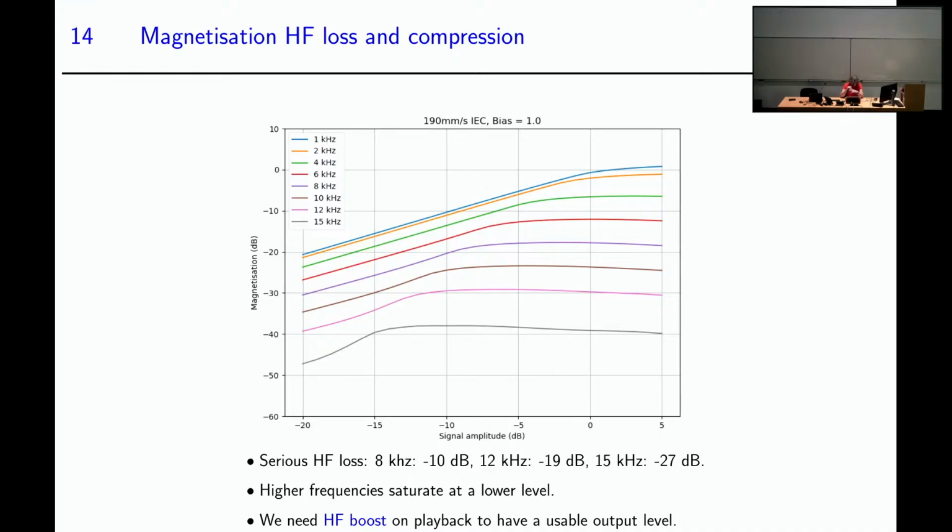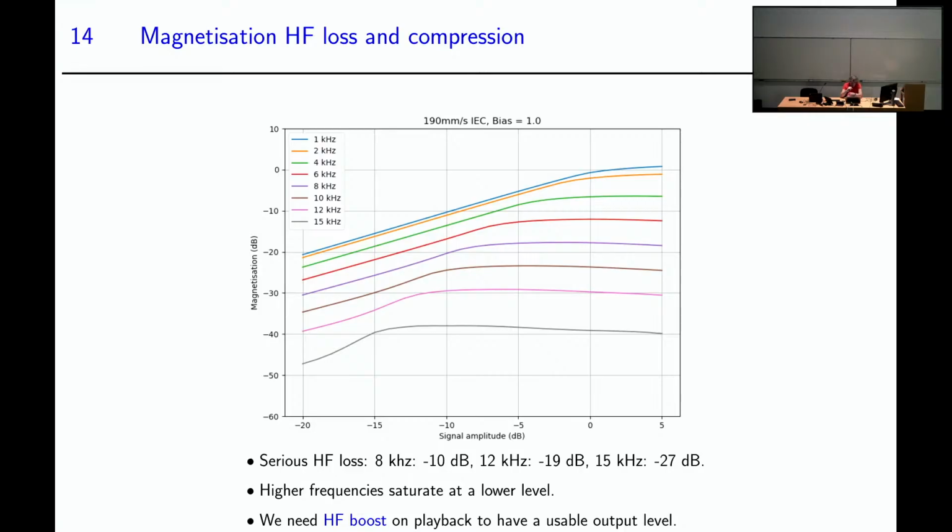What you see here is the relation between signal amplitude and the amplitude of the magnetic signal on tape for different frequencies. For low frequencies, 1 kilohertz, the top curve, blue, and 2 kilohertz, it's almost perfectly linear. So minus 20 dB input gives you minus 20 dB output, 0 dB input gives you 0 dB output.